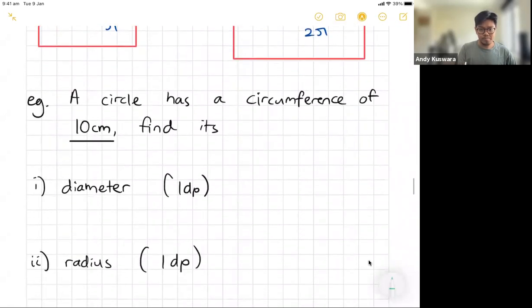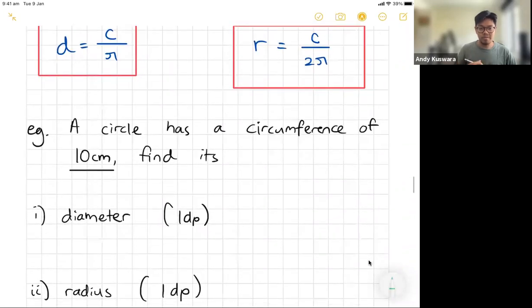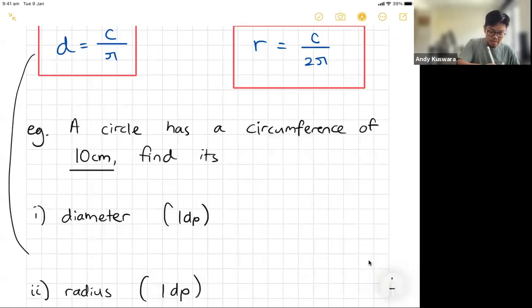Okay. So we see here that a circle has a circumference of 10 centimeters. Find its diameter and find its radius. If I want to find its diameter, I've got this nice little formula here. Its diameter is going to be the circumference over pi. Do I know what the circumference is?